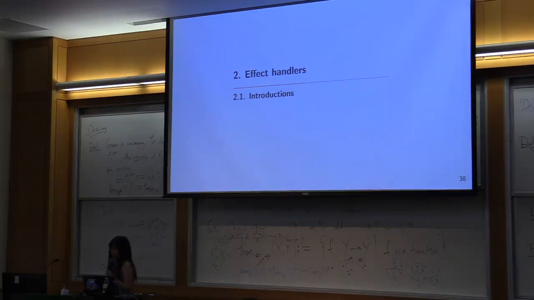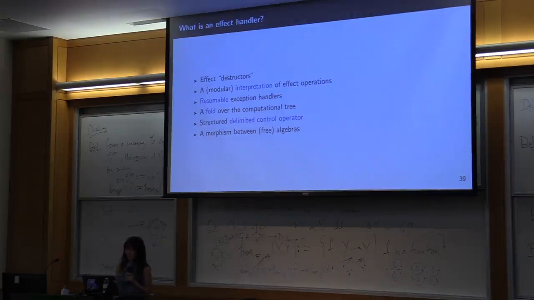You will hear many people describe effect handlers in different ways. You will hear them saying that effect handlers are effect destructors if you consider algebraic operations as effect constructors. And you could also hear people saying effect handlers are a modular interpretation of effect operations, or they are resumable exception handlers.